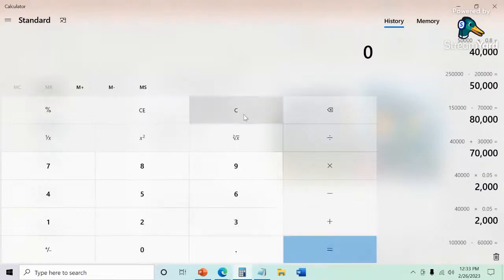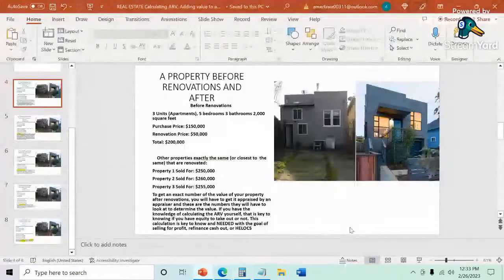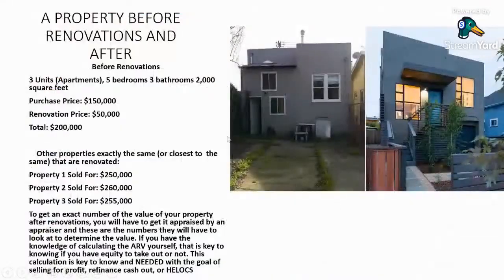Right? The property's worth $250,000 after renovations. Let's take the same example of the property that's not renovated. You're looking at this property, it's not renovated yet. They're selling it to you, let's say, for $250,000.